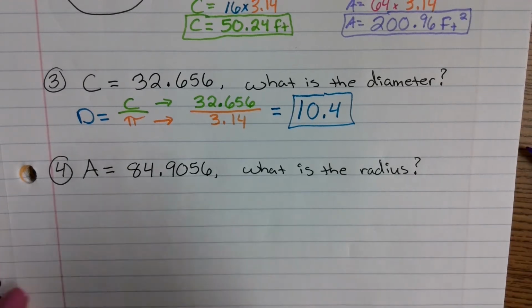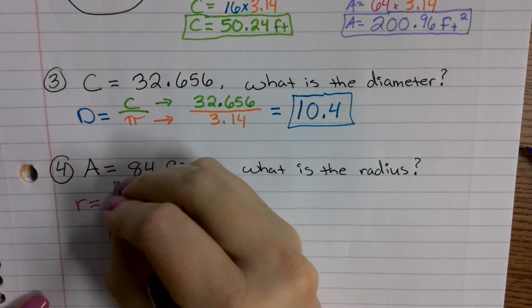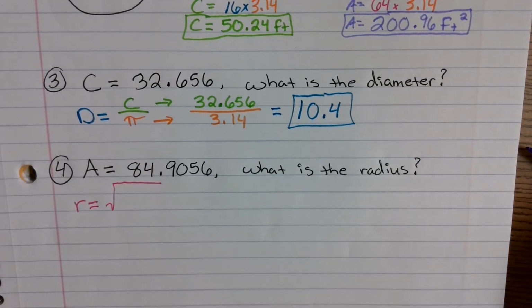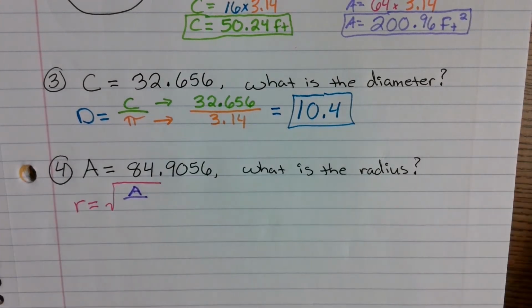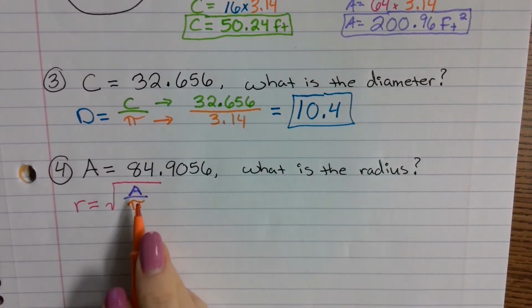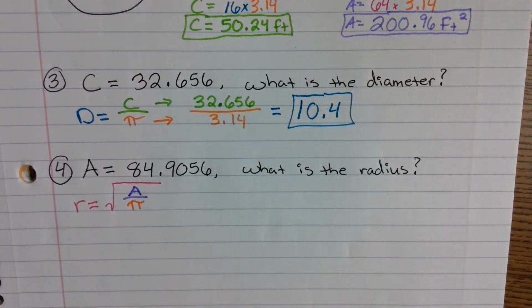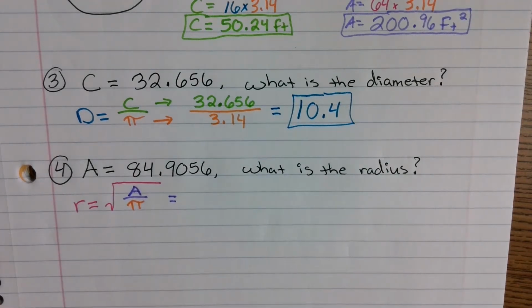Again, the radius formula, when given area, you're taking the square root of your area divided by pi. That means you have to divide the area and pi first before you can do the root.